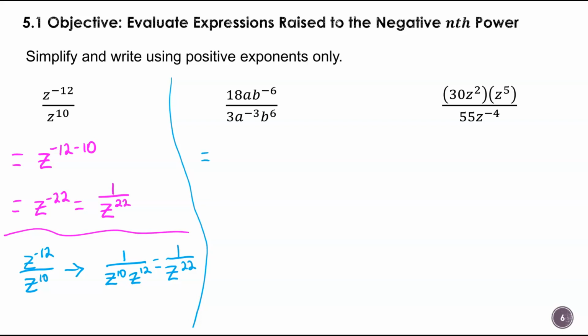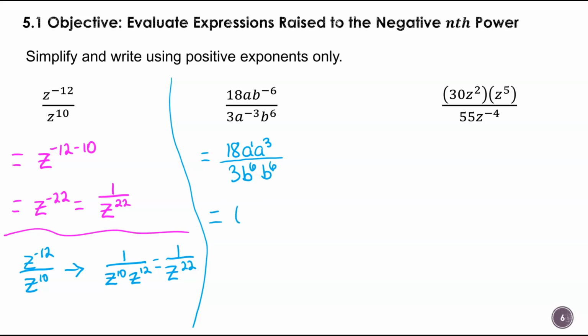So notice I have 18a. I'm going to bring up the a to the negative 3, so it's going to be a positive 3. And then I'm going to take the b to the negative 6 to the denominator. We already had a b to the 6th, but now I'll have another one. And then I can simplify from there.